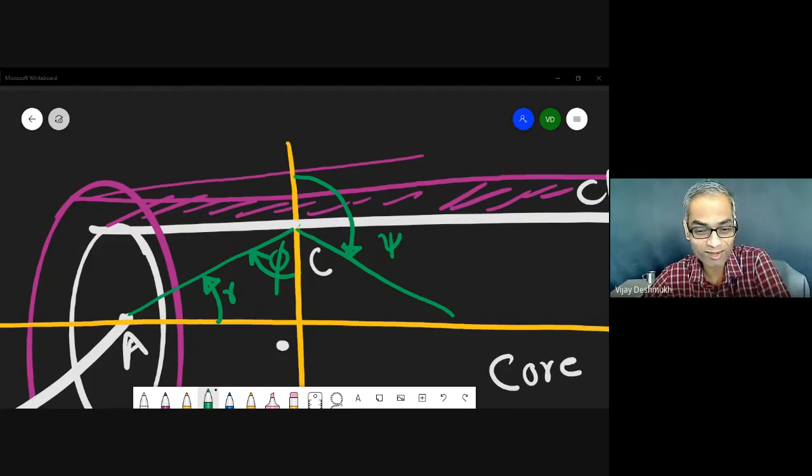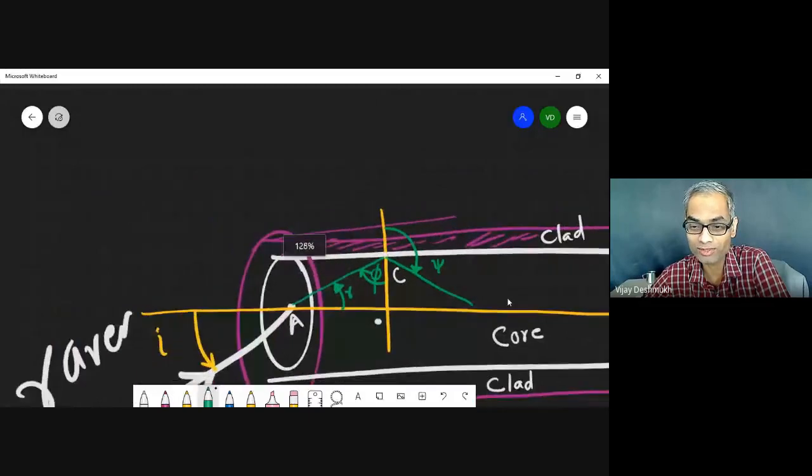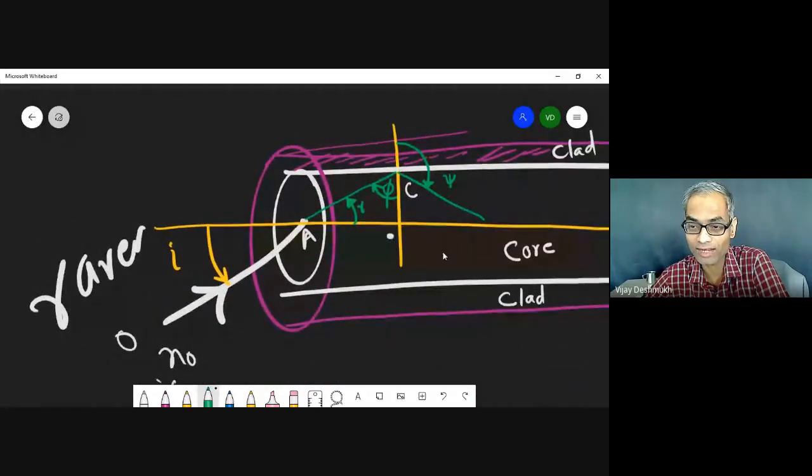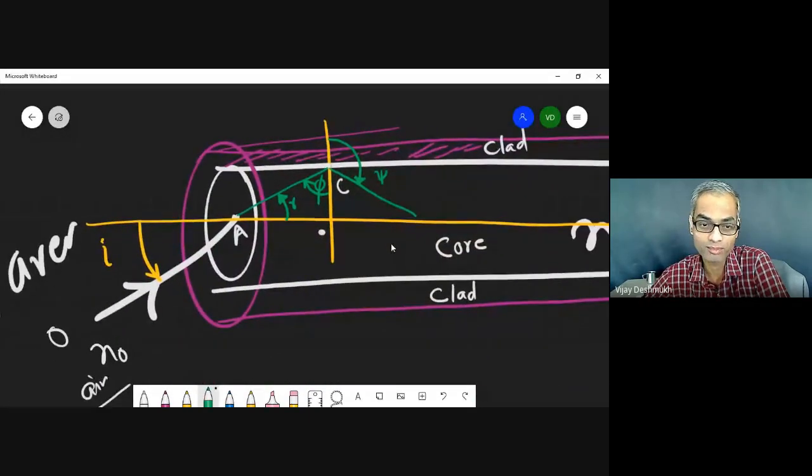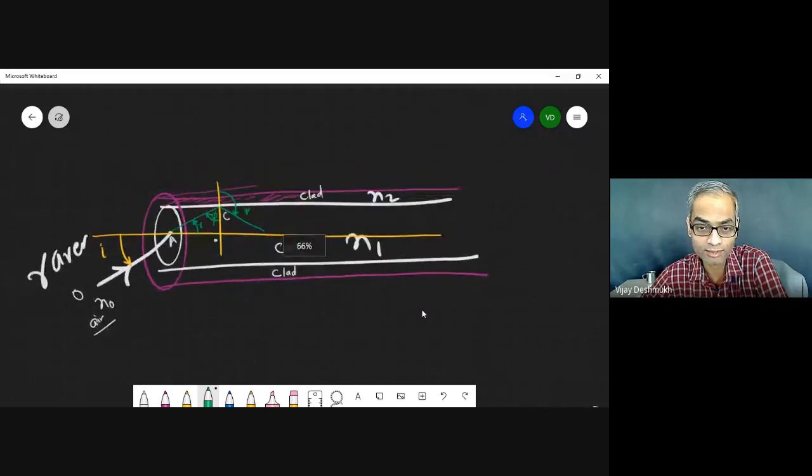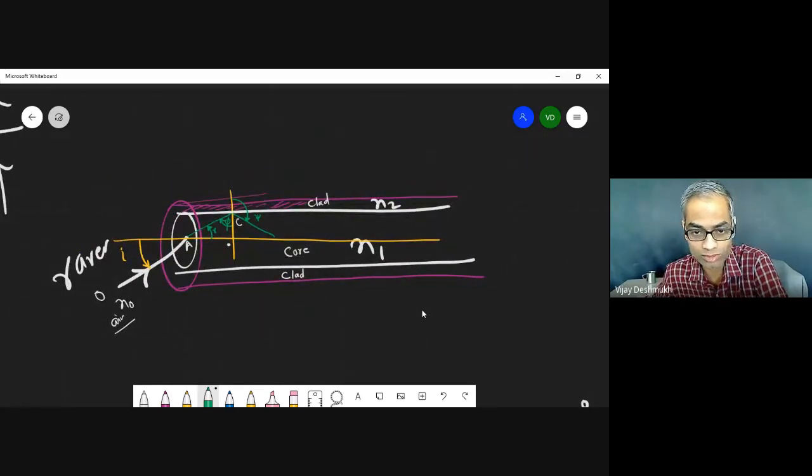Okay. Now coming back to the same situation, we'll try to find out some relation between what angle you can have here, what critical angle you can have, maximum angle what you can have, so that we will get the total internal reflection and the light will travel like this. So you can show like this, that now the light has come down to this position.